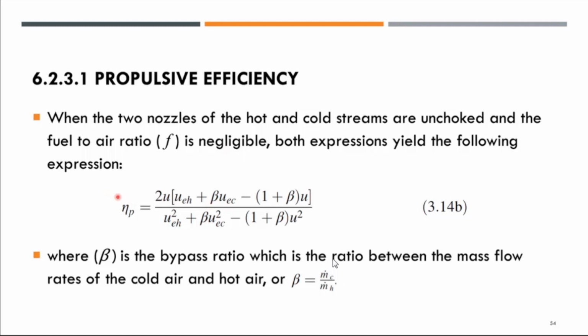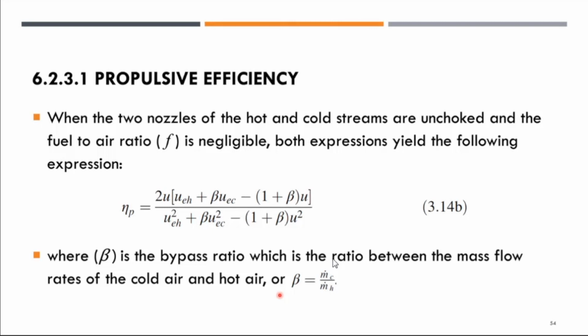And we have 3.14b, where beta in this equation is actually the bypass ratio, right? Bypass ratio between the mass flow rate of the cold as well as the hot air. So the mass flow rate of the cold over the mass flow rate of hot air has the symbol beta.